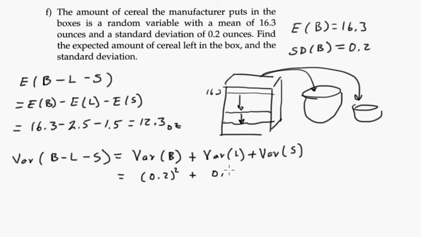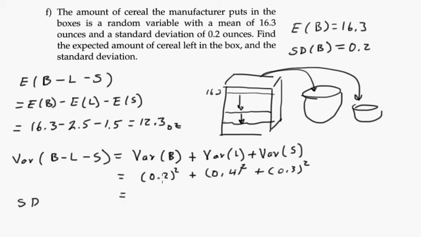This is 0.4 squared and this is 0.3 squared. Okay, and then if we wanted the standard deviation, let's see, what is this going to be?